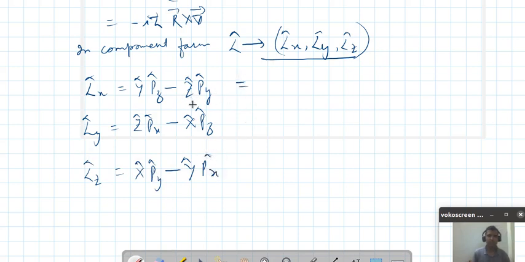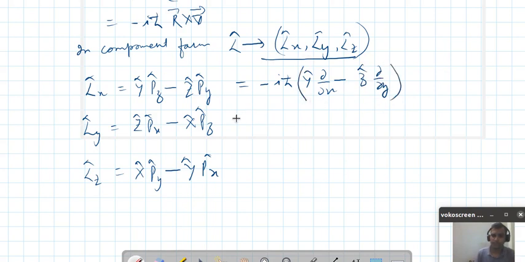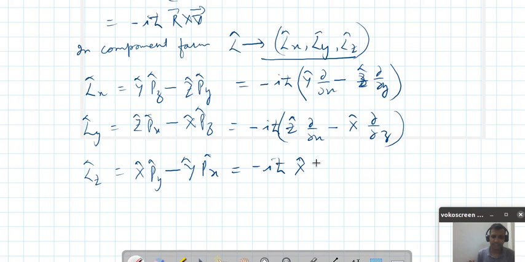And if I substitute the values of the linear momentum operators, Lx reduces to minus i h cross (y ∂/∂z minus z ∂/∂y), and Ly can be represented as minus i h cross (z ∂/∂x minus x ∂/∂z), and Lz can be written as minus i h cross (x ∂/∂y minus y ∂/∂x), right?